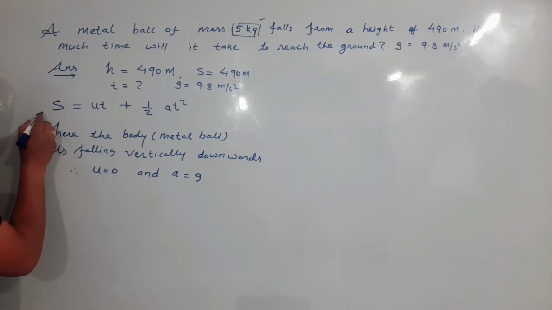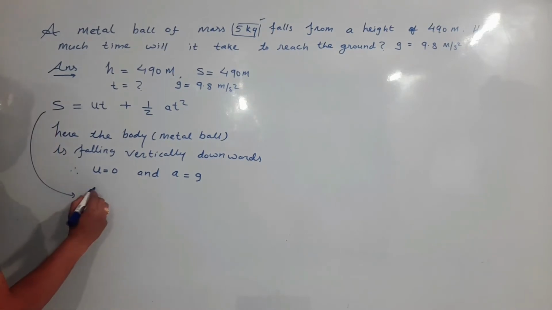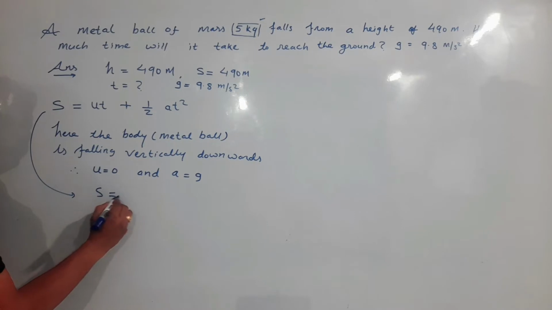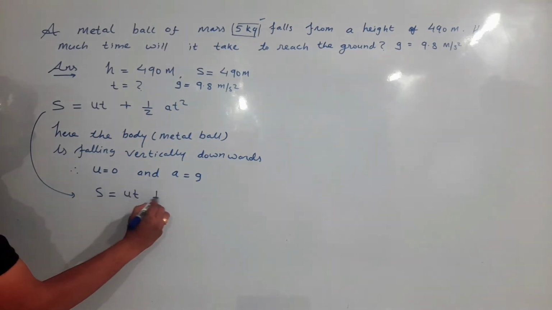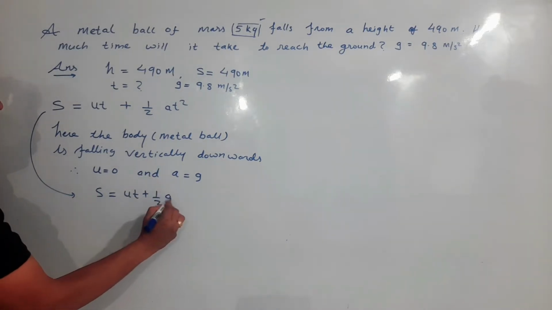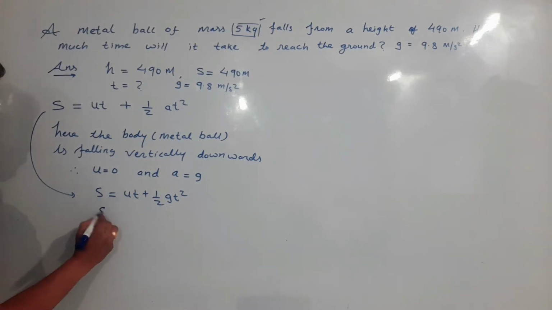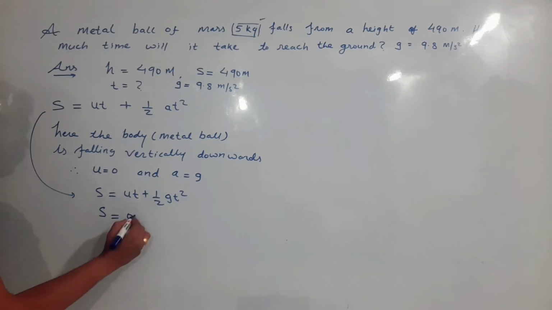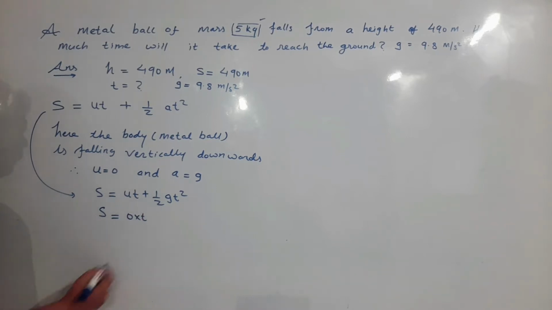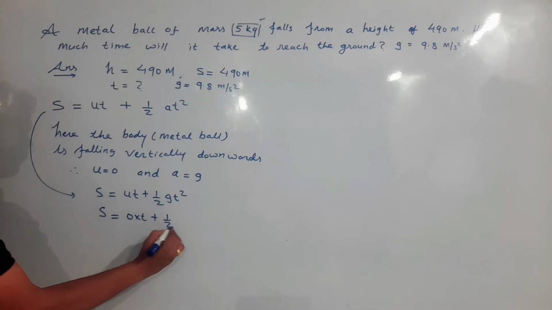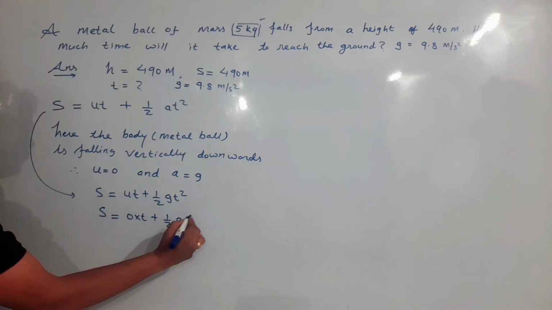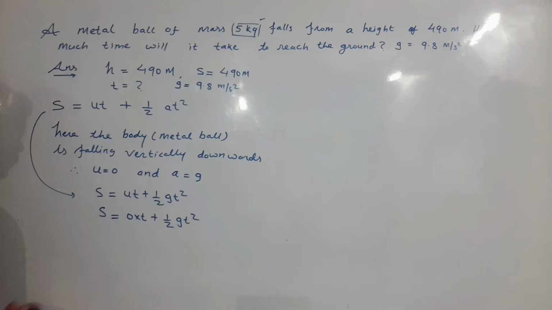And therefore, my dear student, this kinematical equation will become S is equal to ut plus half gt square. So, my dear student, here S is equal to u is 0 into t plus half gt square we can write.